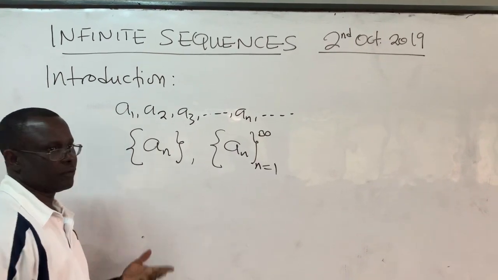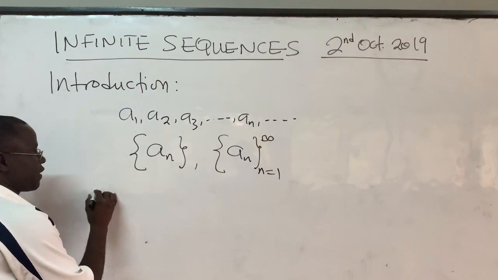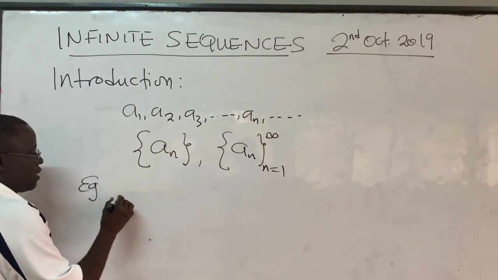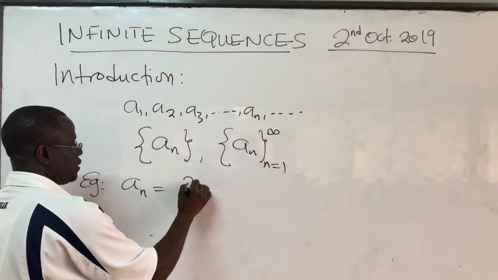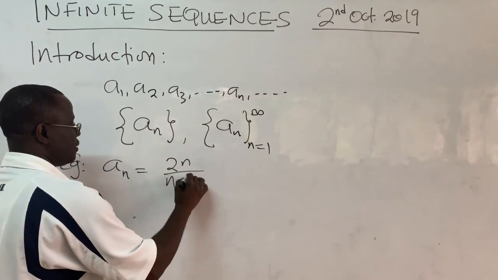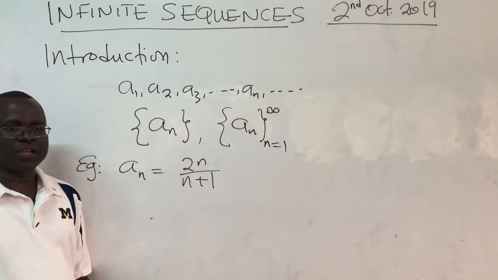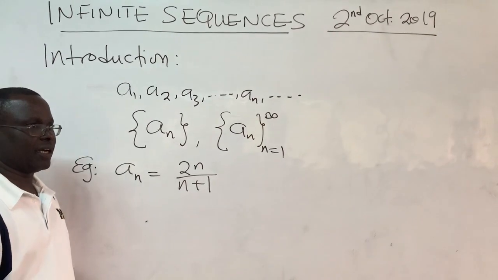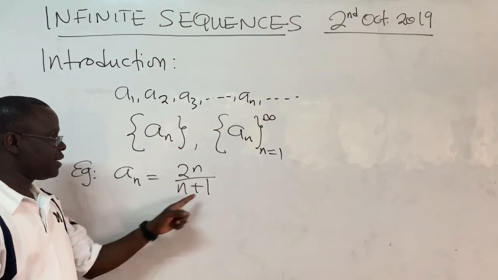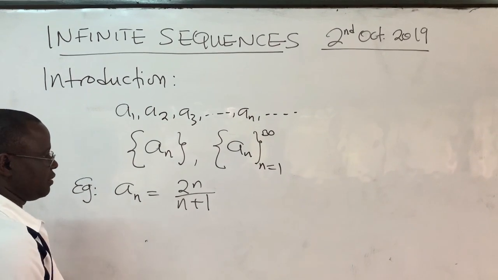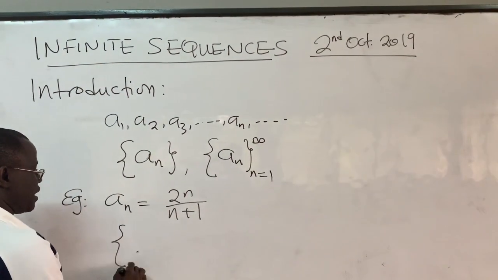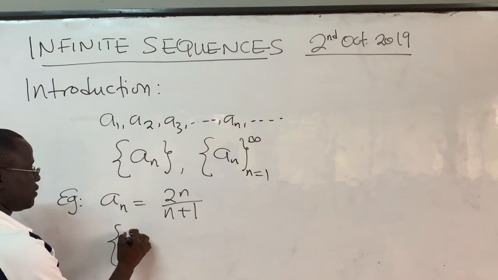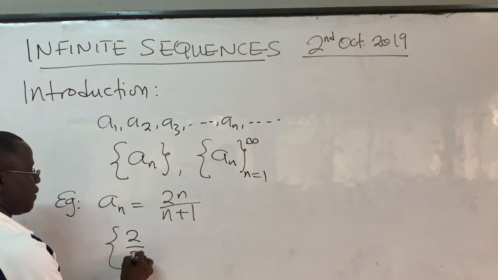For example, there are cases where your nth term of the sequence can be given by, let's say, 2n over n plus 1. And so you can list all the different numbers within this sequence by putting in different values for n. If n is 1, you're going to have 2 over 2.